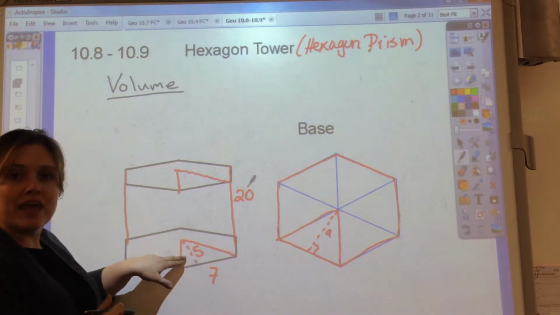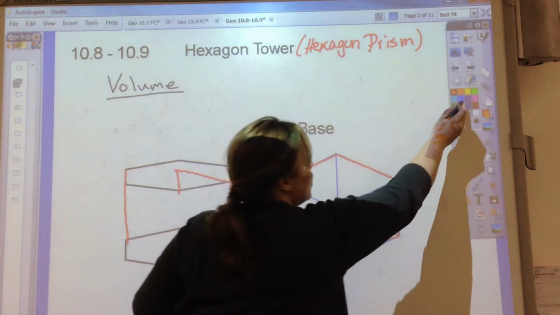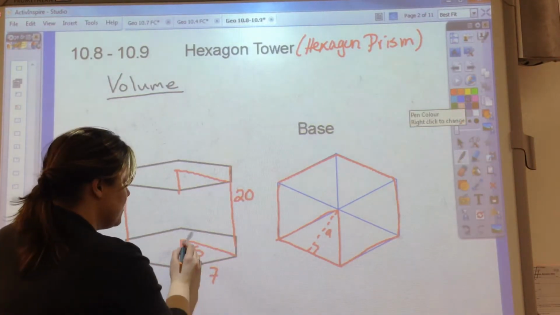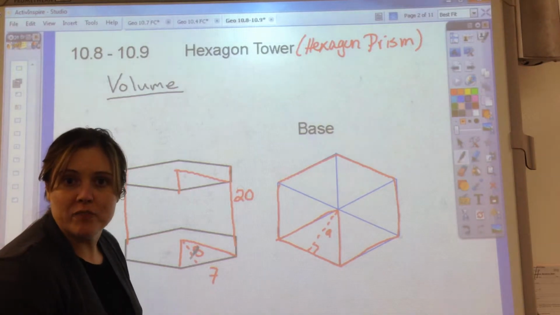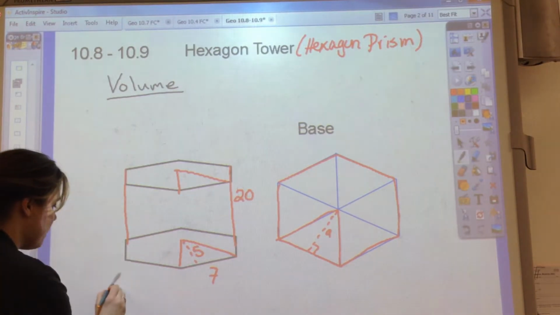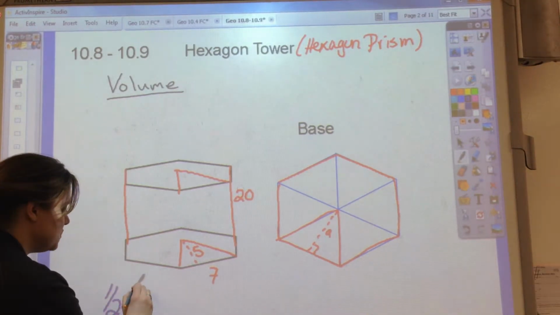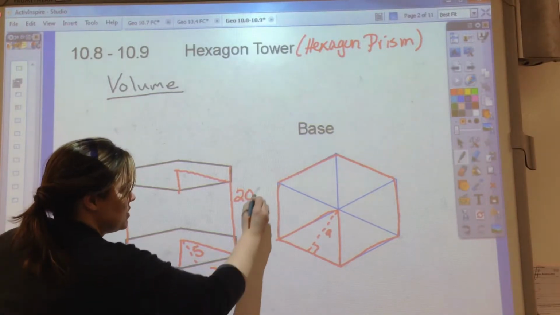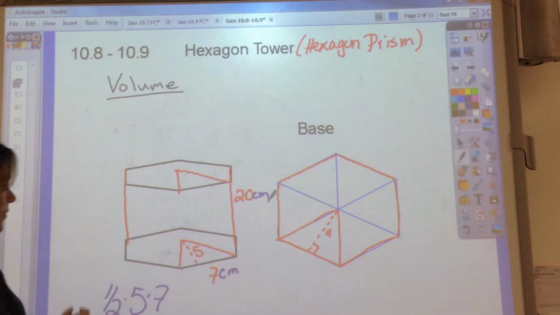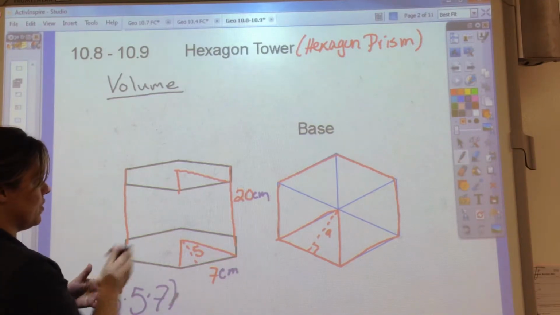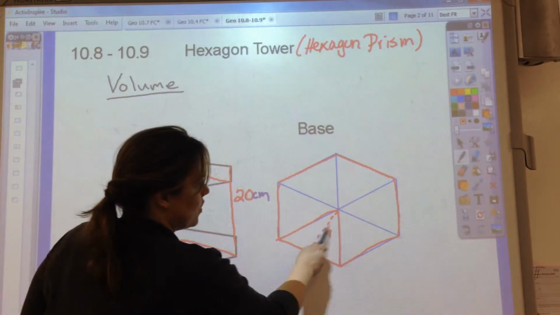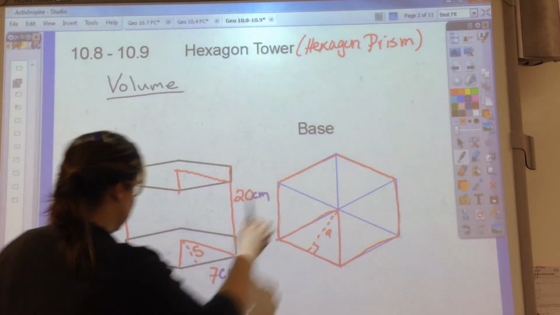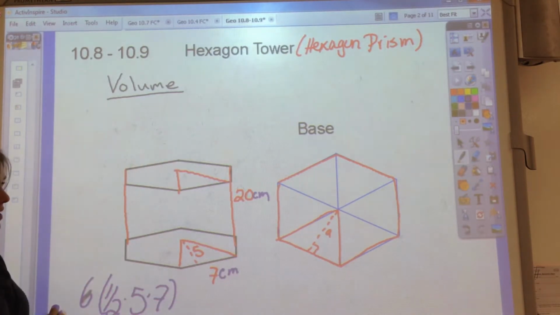And first we're going to find the area of this triangle. Hopefully you'll agree with me that the area of the triangle is still 1/2 base times height, right? So I have 1/2 times my base times my height. And let's use centimeters for this shape. And I have how many of those? For a hexagon, I have 1, 2, 3, 4, 5, 6. So I'm going to multiply that by 6.